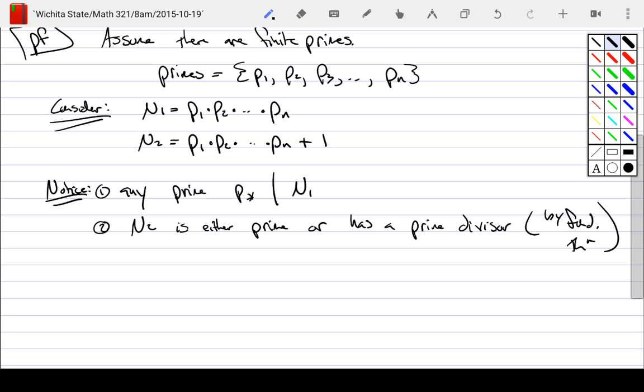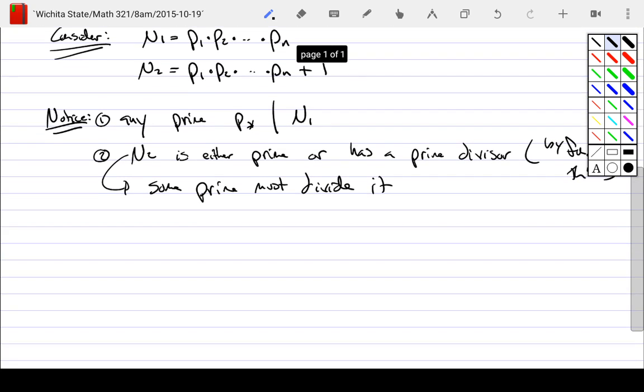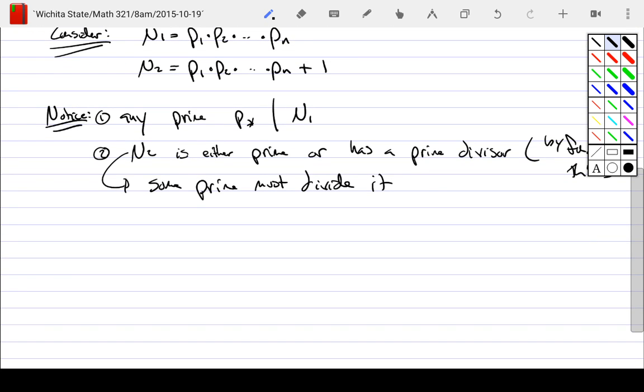Something divides it that's prime. Let's put both of those together. Together, what this says is some prime must divide it, either itself, if it's prime, or just some prime, if it was a composite. I don't care which. So some prime divides it. Let's call this some prime.